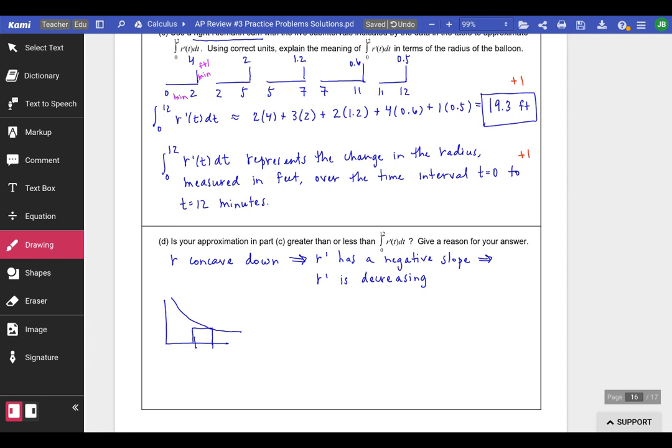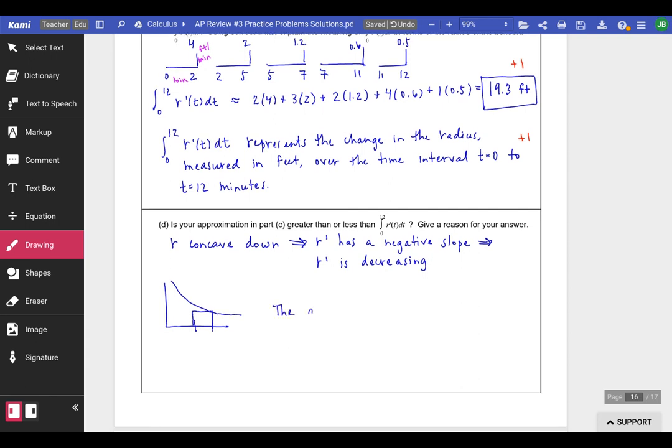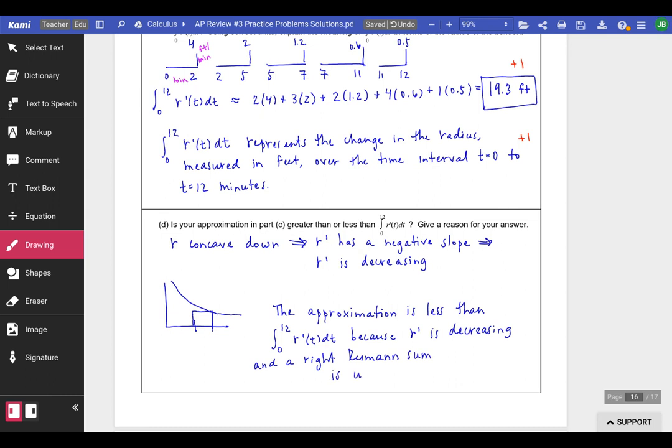So the approximation is less than the actual value of this integral because r prime is decreasing and a right Riemann sum is used.